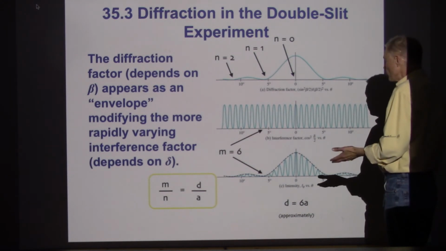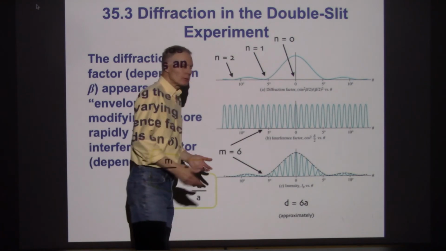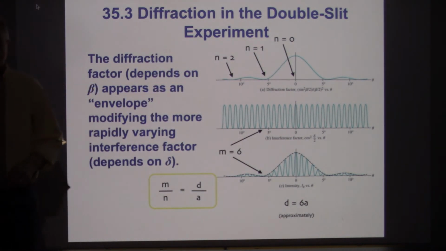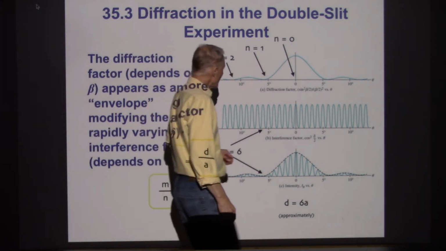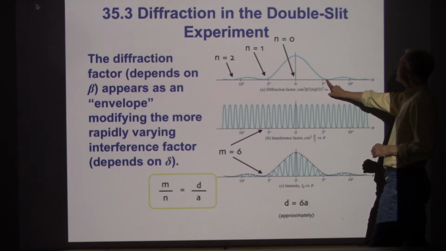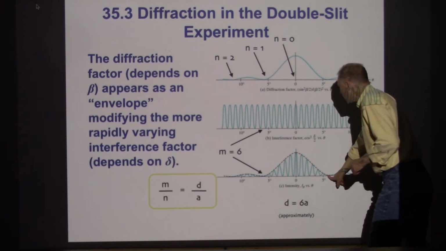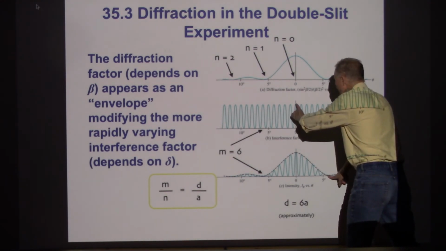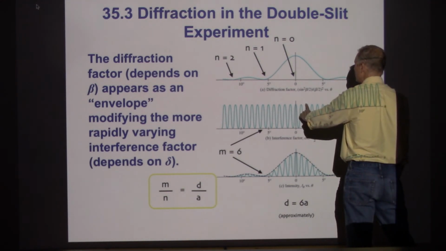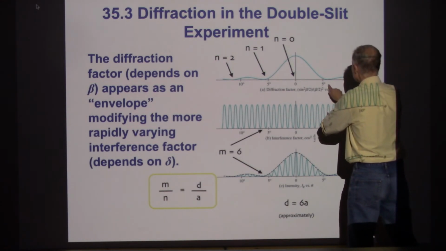Now what we can also do on this graph is count the interference peaks. See that place right there on diffraction? That is n equals 1. And if I come down here to n equals 1, what I'm seeing is that happens at m equal to 0, 1, 2, 3, 4, 5, 6.